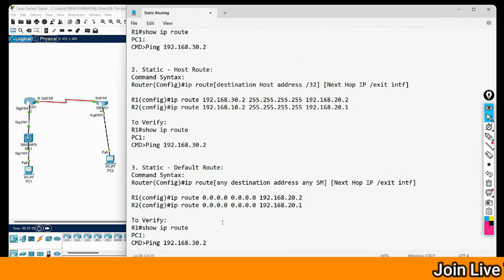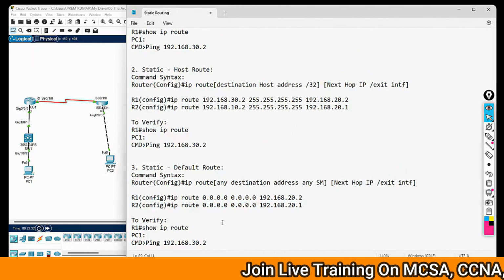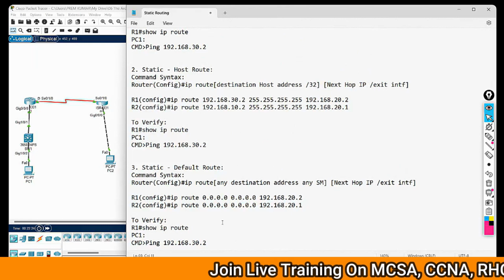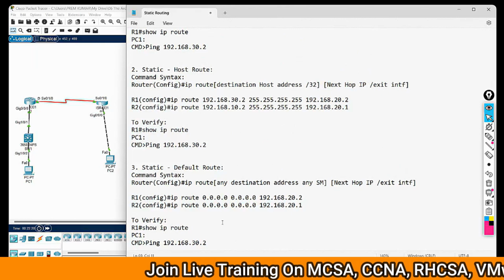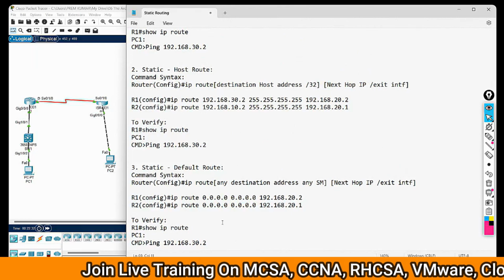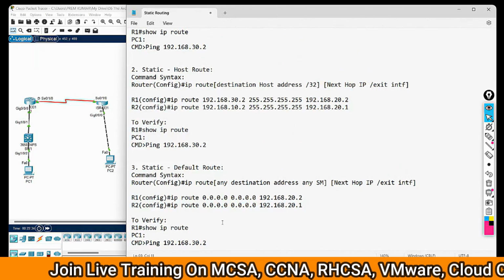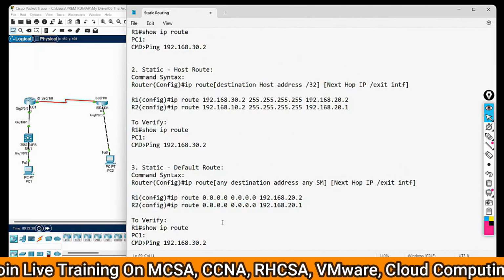You may go to Google today, tomorrow YouTube, Amazon Prime, Netflix. Your home router will not have routes for all these servers. Home router will have only one route, the default route. It will say, if you want to go anywhere, go to my service provider router. That router's IP will be there in your home router.